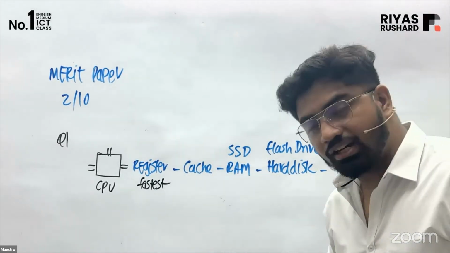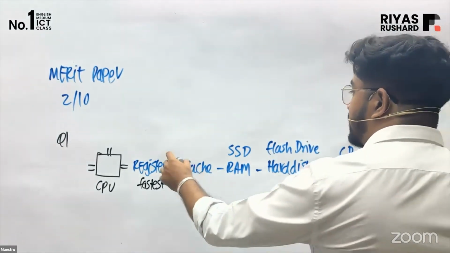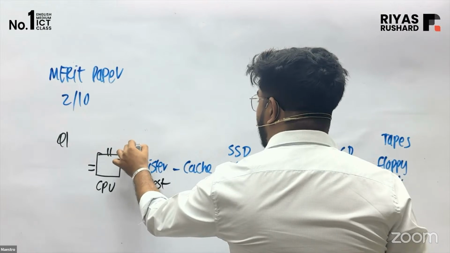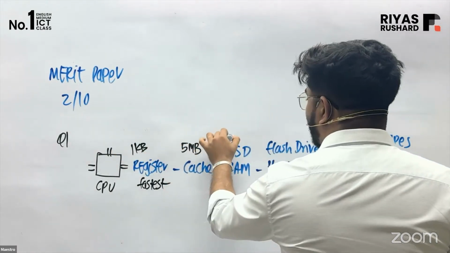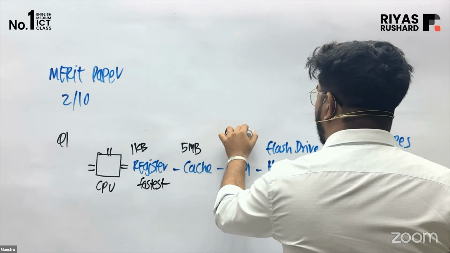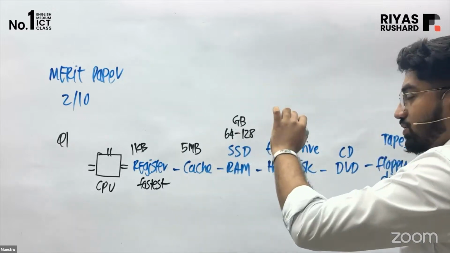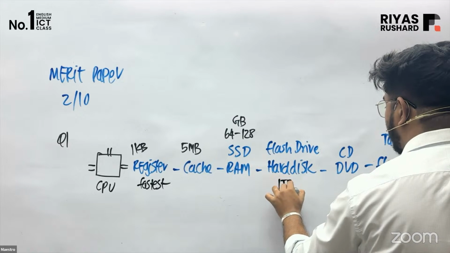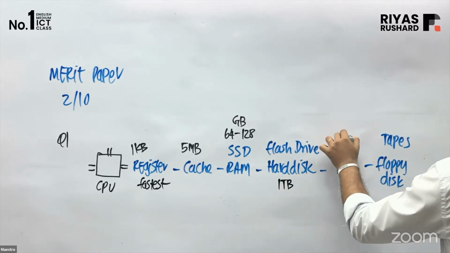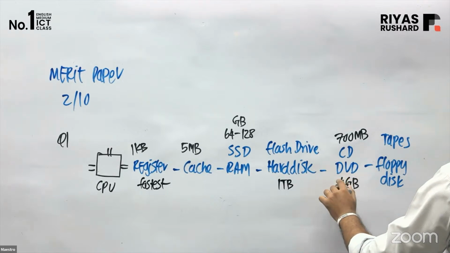We can also divide based on capacity. Register is around 1 KB, cache around 5 MB, and RAM around 64 to 128 GB. Flash drive is around 1 TB. CDs are 700 MB and DVDs are 4 GB.